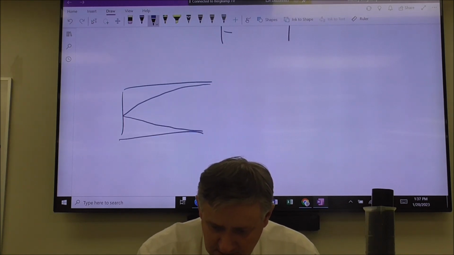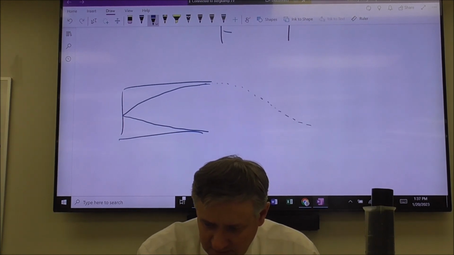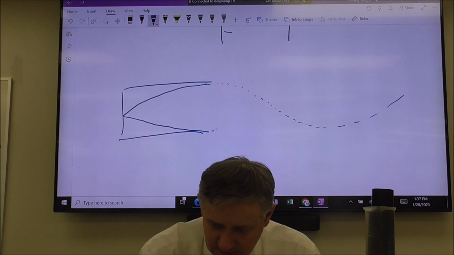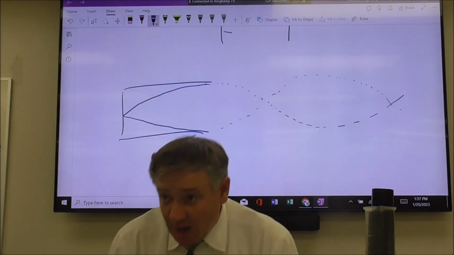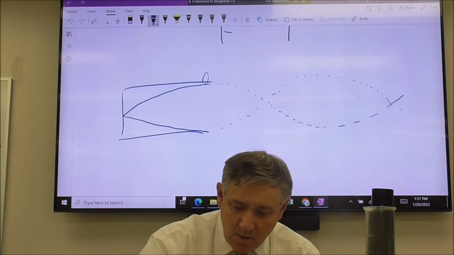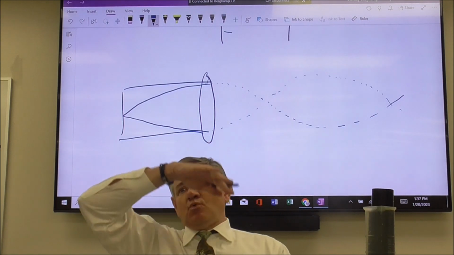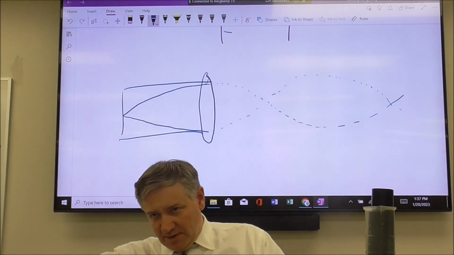Imagine you extend this wavelength out like this, where you create that standing wave. We draw it like this because what this is representing is 1/4 of the wavelength.